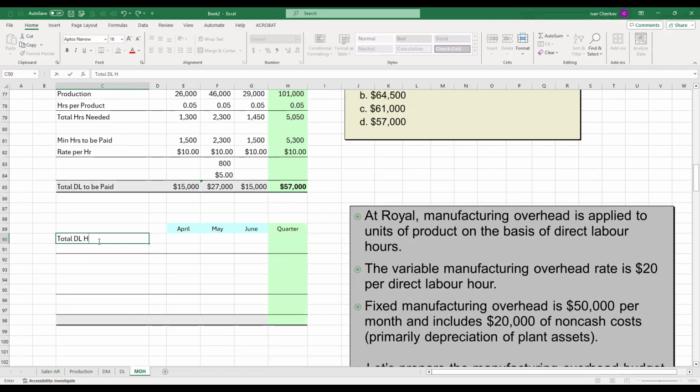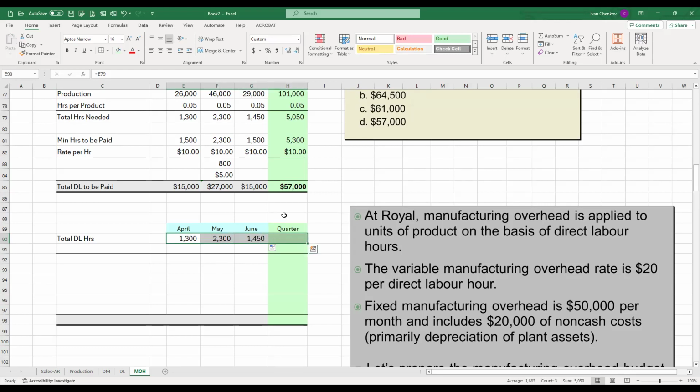Direct labor hours. And my direct labor hours are these, right? So I can easily track those down. Not the hours that I'm paying, but the hours that they actually worked. So in reality, they worked exactly 5,050 hours.